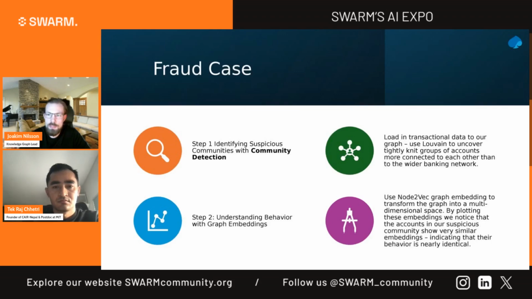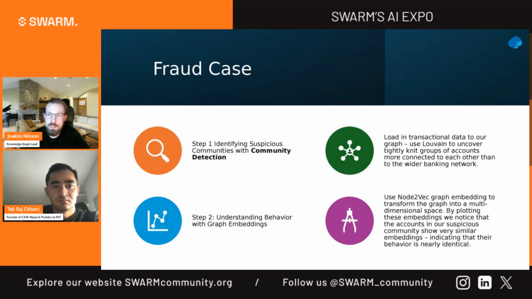Of these communities, one stands out: a cluster of 50 accounts transferring small amounts of money between themselves at a high frequency. At first glance, they can seem harmless, but tight interconnectedness signals that these accounts might be part of a coordinated operation, like a fraud ring, for example.